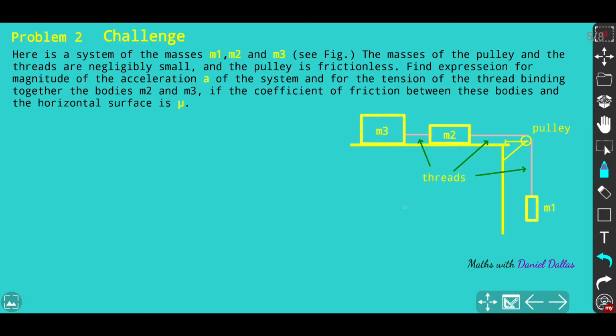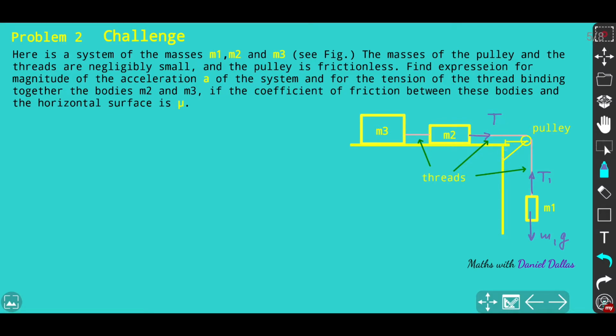So first of all, for object M1 we have, of course, the gravity force. Don't mix it up with the weight, because most of the time it's better to use the gravity force, and in that case it will always be correct. Then there is going to be the tension force, let's mark it as T1. This tension force also acts on the object M2.